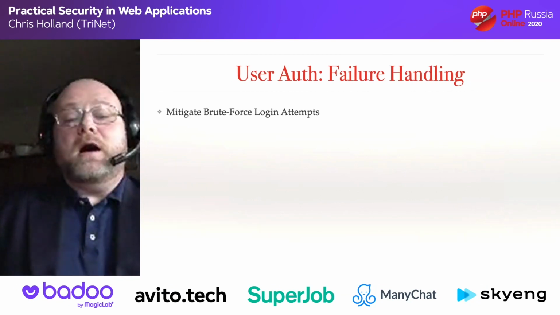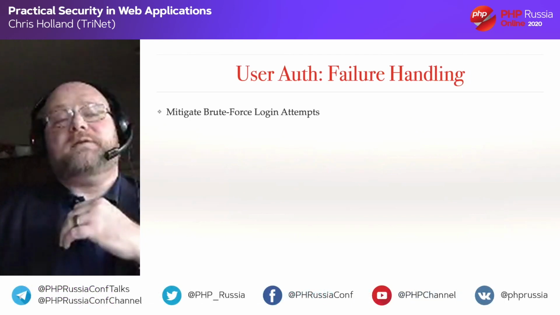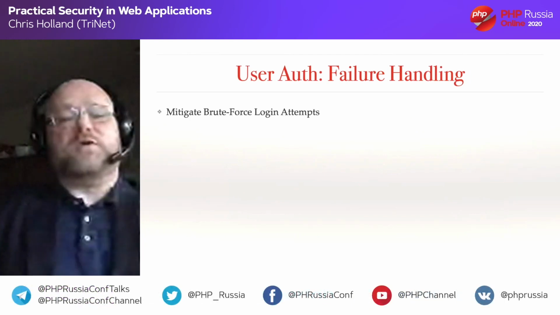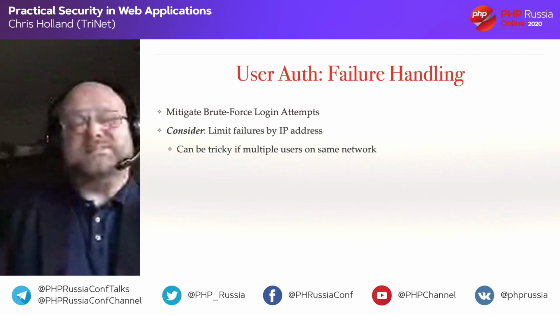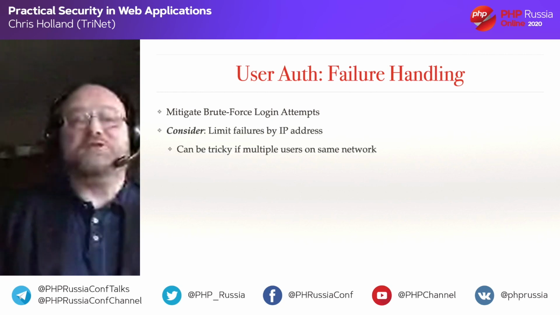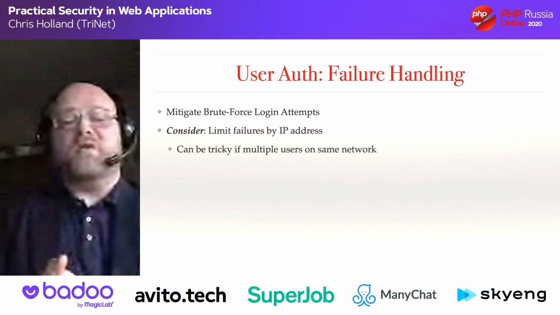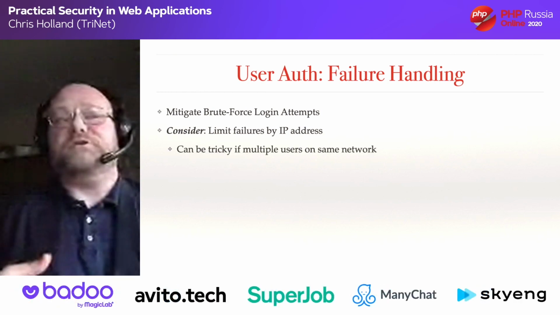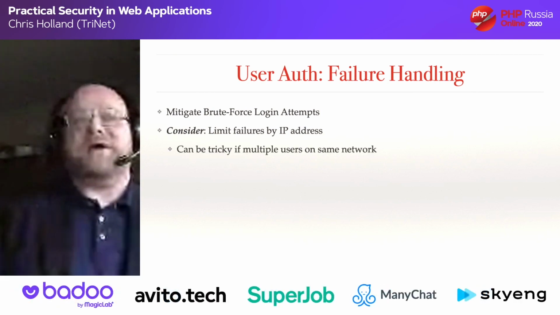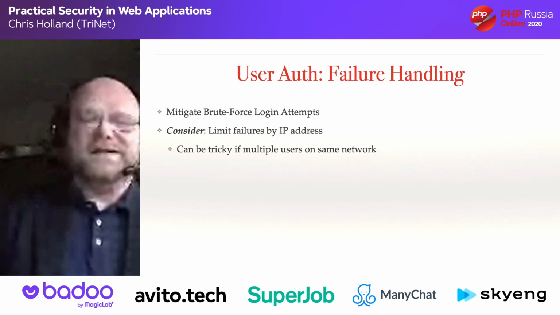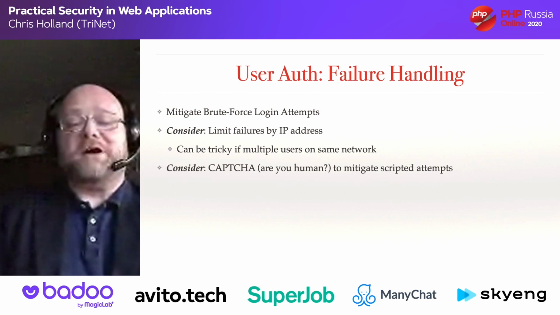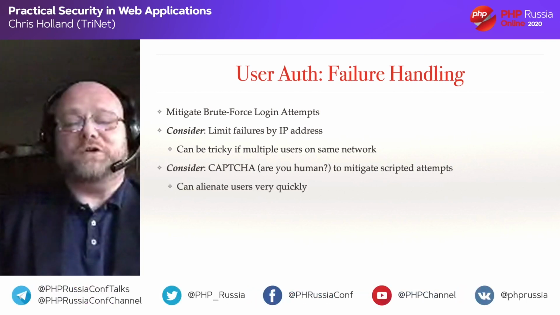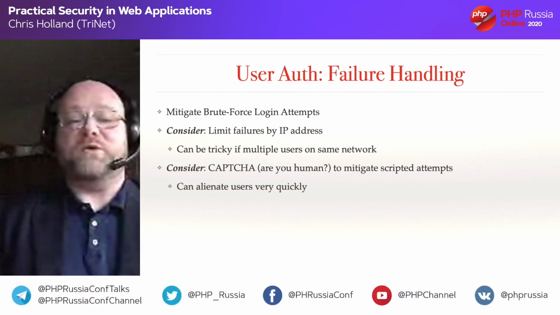So the thing about failure handling is, you could have a lot of brute force attempts. You could limit failures by IP address, but that could get you in trouble if you have multiple users on the same network, where one user does 5 failures in a row, then you block the IP, and then everybody on that network is being blocked. It's not great. CAPTCHA, you could try to put CAPTCHA on your login form, but that's a good way to alienate your users very quickly, right?